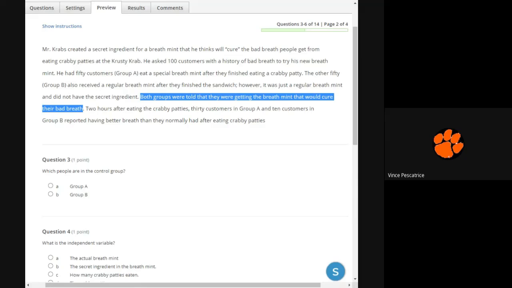If I gave half the people the pill that I'm actually trying to test, and then gave the other people an M&M, and they look the same, sometimes the people that get the M&M and think it's a real pill will start to act differently throughout the week, because they think they're getting the real pill that will help their memory.